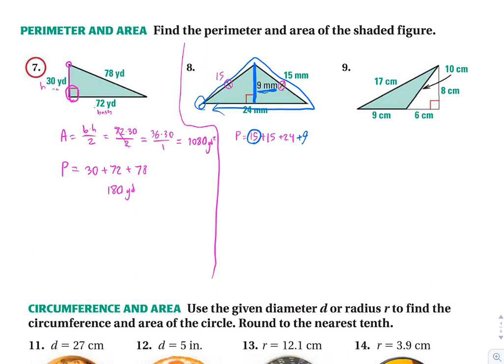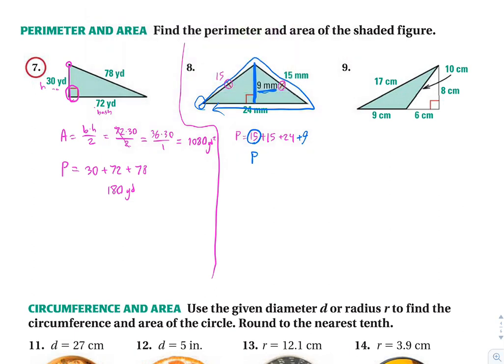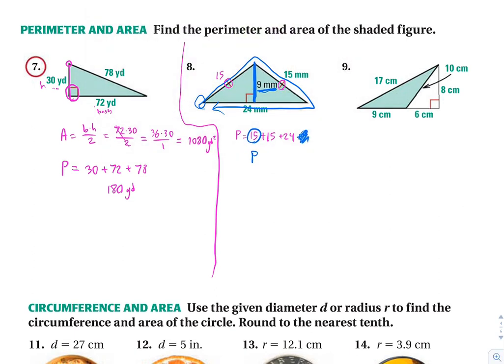Okay, so we get, let's stay in blue, the perimeter is, we're not including that 9, we're only including the 3 outside sides. So this is 30 plus 24. So this is 54 in millimeters. The area, base times height divided by 2. Doesn't matter which one you select as the base, but it has to have a perpendicular height. And in this picture, the only perpendicular is right here.